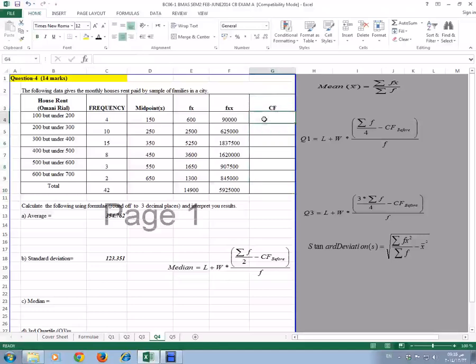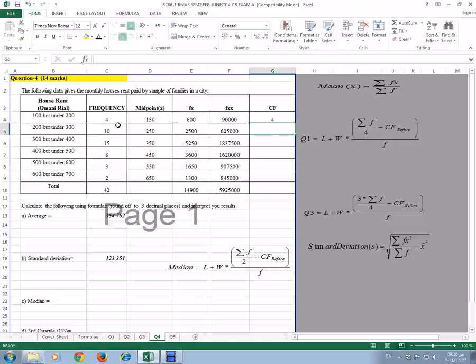Cumulative frequency is equal, and make sure that you select the frequency. The first one should be equal to 4, the second one will be 4 plus 10, 14. This is cumulative, so we click the first one, equal, and then this 4, and it will give us 4.